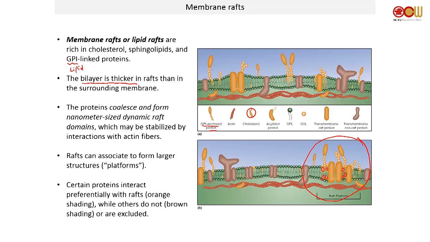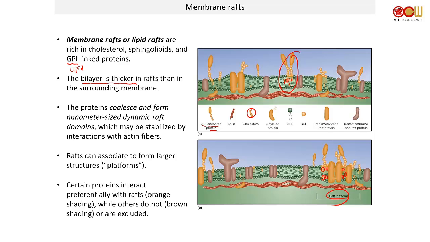Together, they move. And rafts can associate to form larger structures like platforms. Actually, I guess this is a platform rather than a raft. A raft would be something like this, where you have a lot of cholesterol right here together. That would be a little raft. Rafts together form a platform.